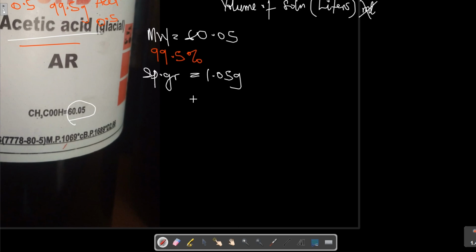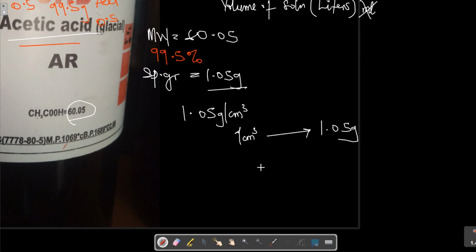All you have to do is first multiply the specific gravity with the concentration. This specific gravity is 1.05 grams per cm cube, meaning 1 cm cube of the acid weighs 1.05 grams. So for every cm cube of the acid, it weighs 1.05 grams. You multiply it with the percent concentration.